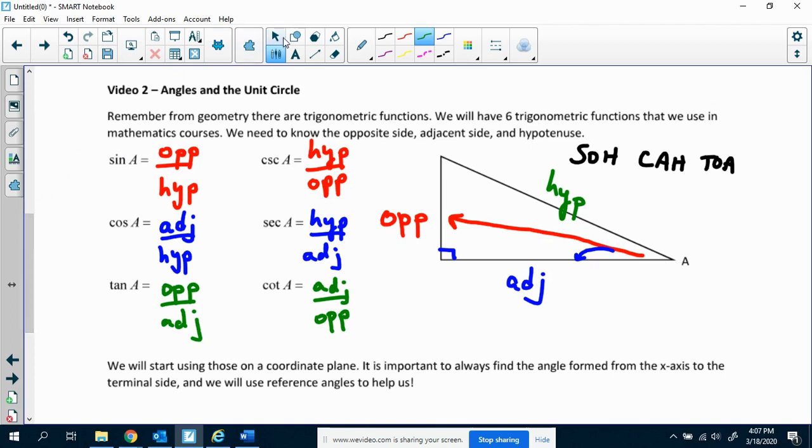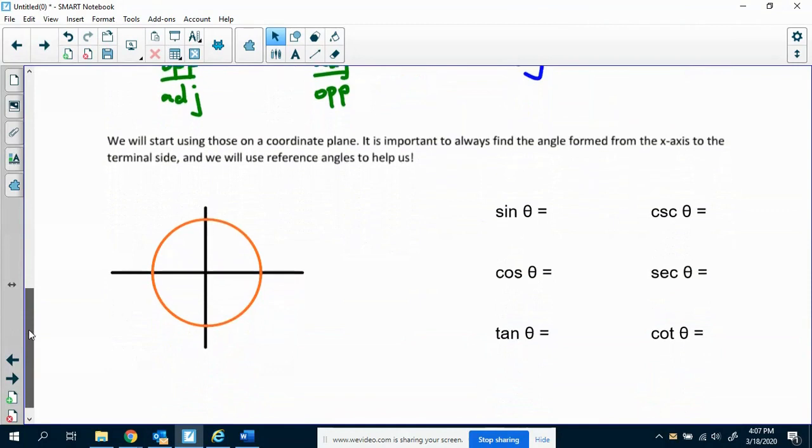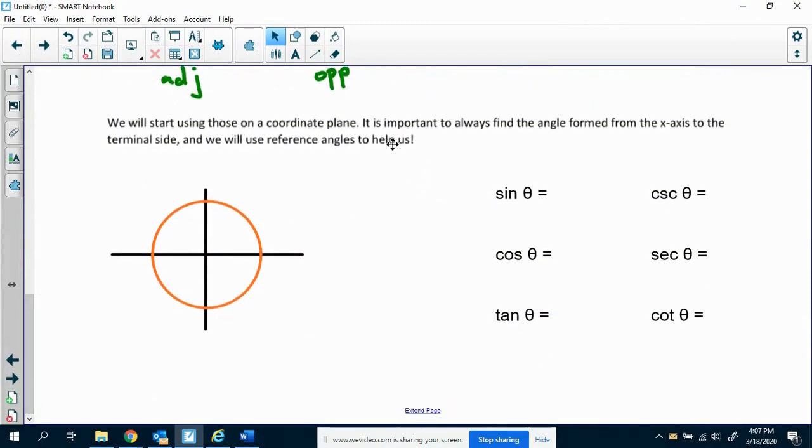And you hopefully learned sine, cosine, and tangent last year. Well, this year we will start doing those on a coordinate plane. And it's important to know that when we do this on a coordinate plane, we're kind of thinking about it in terms of a circle.